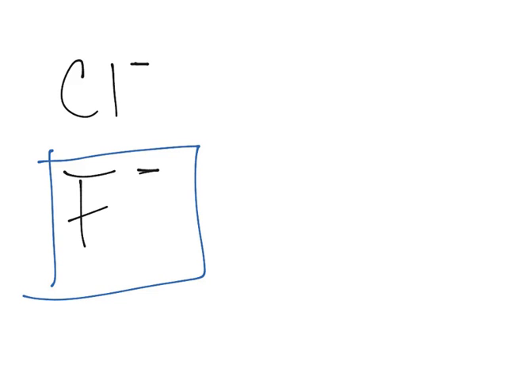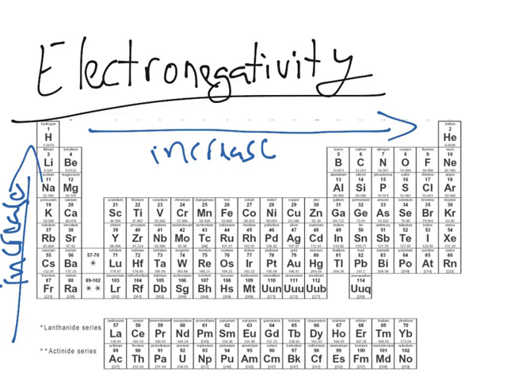It has a very good ability to pull electrons towards itself even when it's bonded. Fluorine is the most electronegative element of the whole periodic table, followed by oxygen and chlorine, and so on.